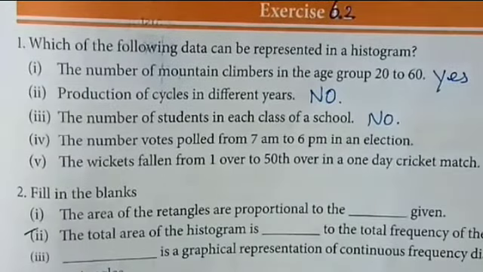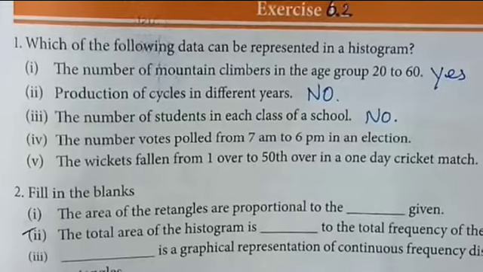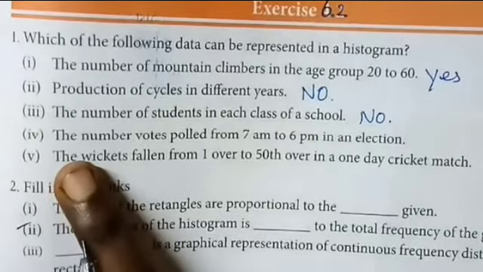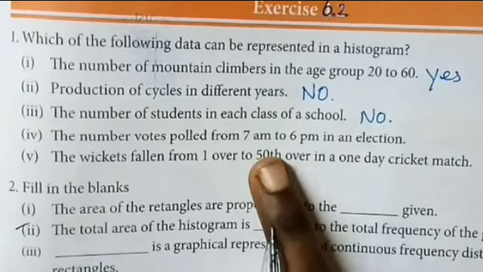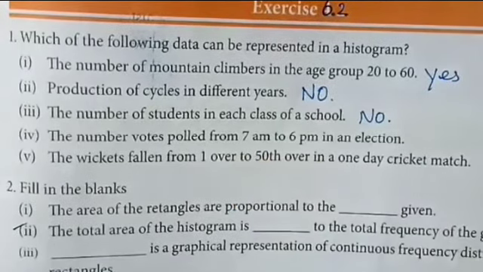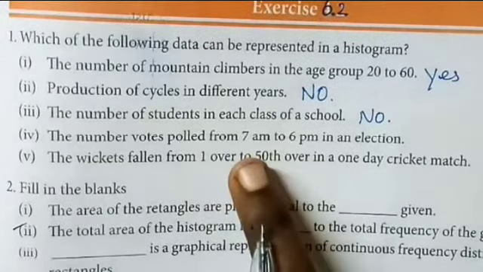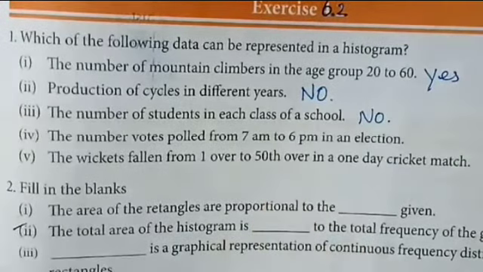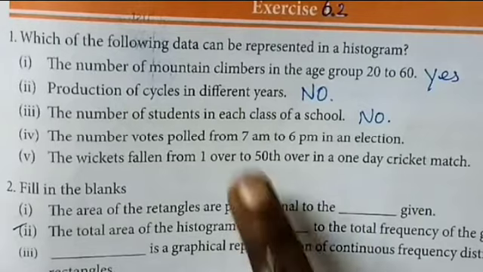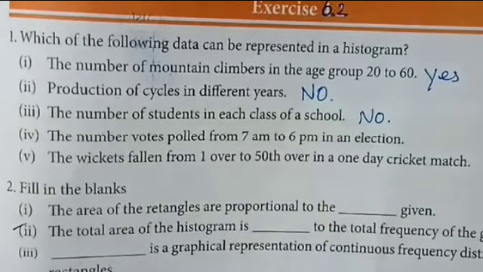Then they have given the number of votes polled from 7 a.m. to 6 p.m. in an election. Listen, they have given the range, 7 a.m. to 6 p.m., so we can write yes, as a histogram using continuous frequency.